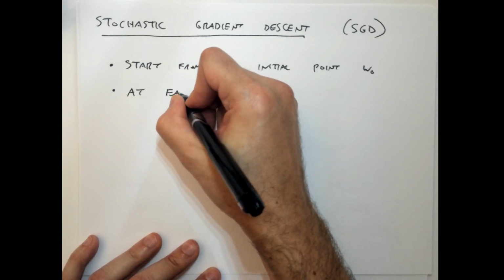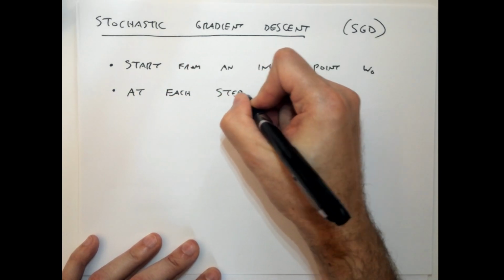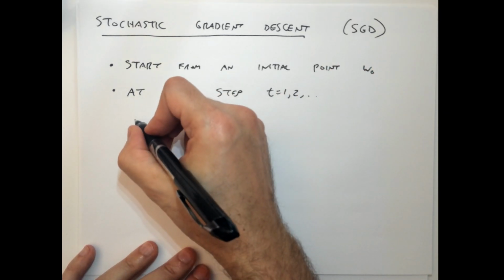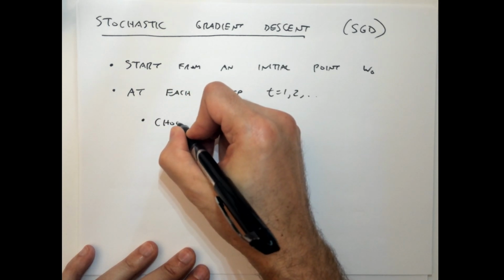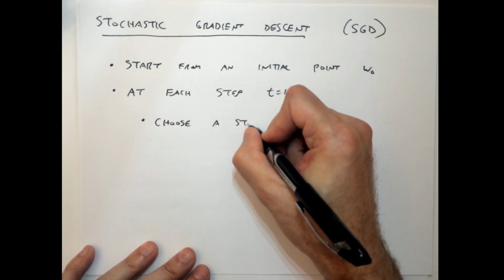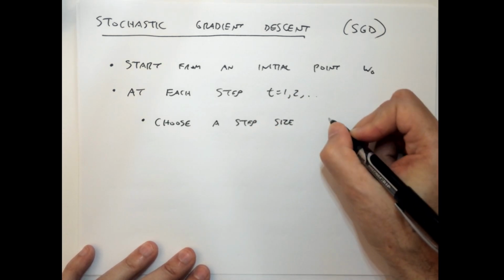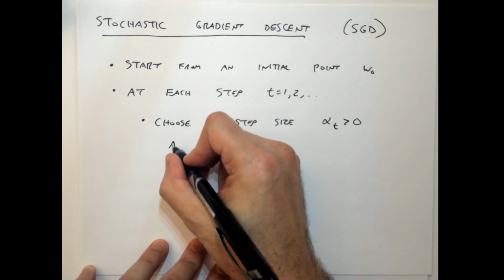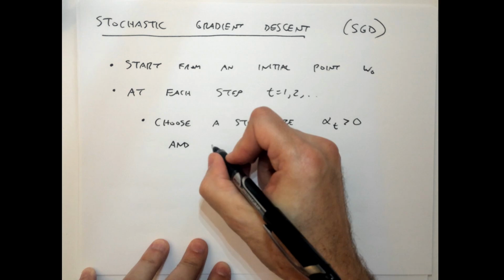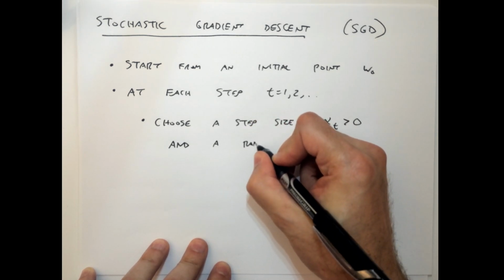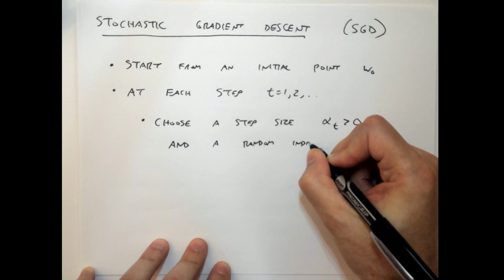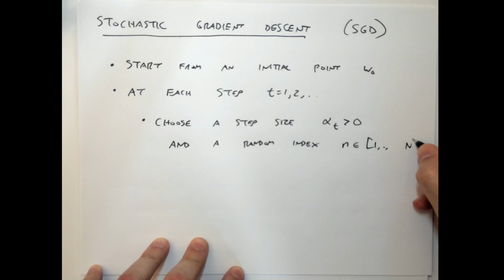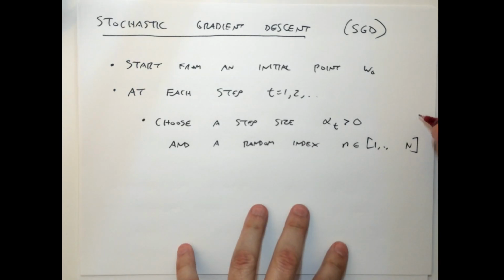At each step from t equals 1 to dot, dot, dot, we again choose a step size alpha t and a random index n in the range of the number of data points I have.